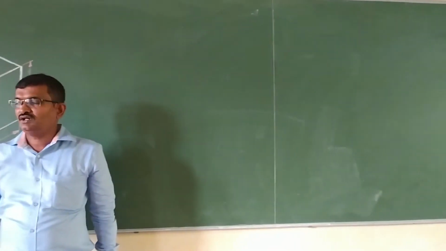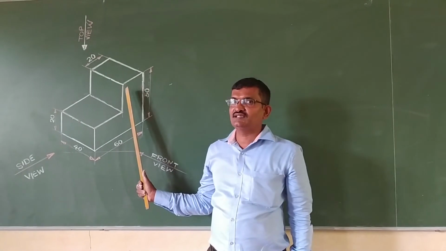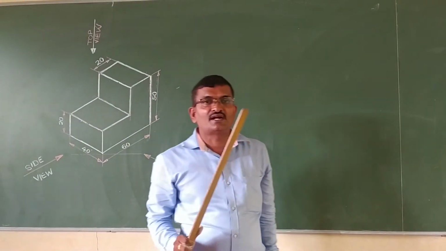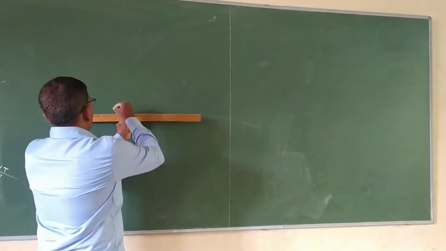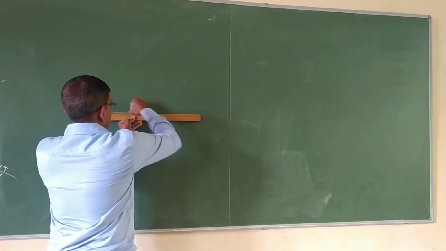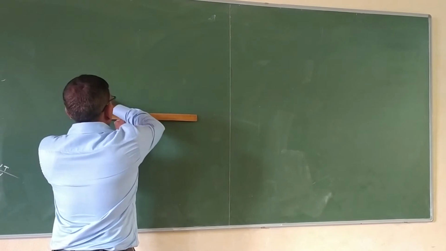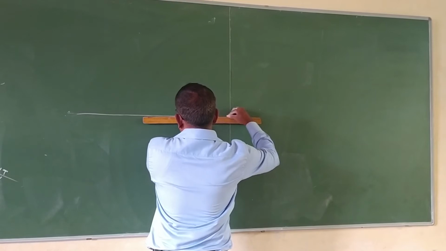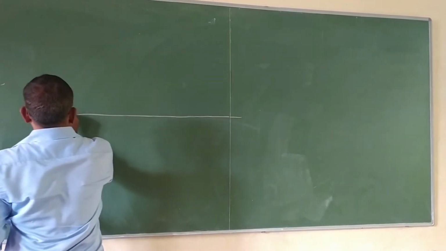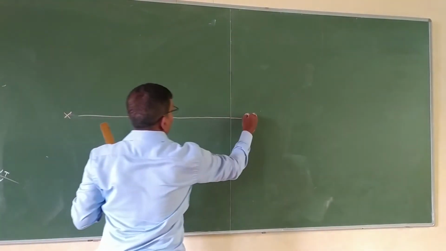Now draw the orthographic views of this object in third angle projection. So start the views. First draw a horizontal line, the axis. It should be a thin line, that is the XY axis.